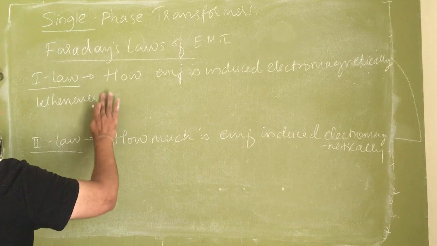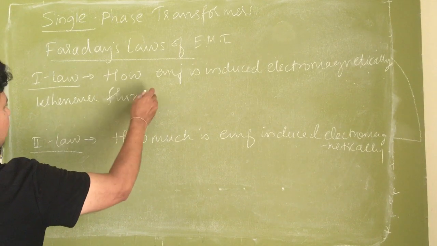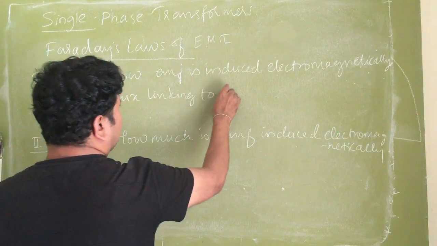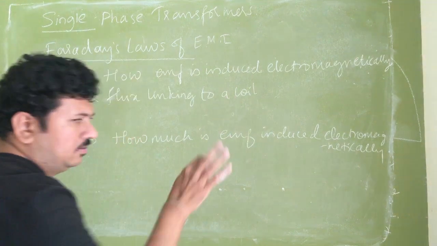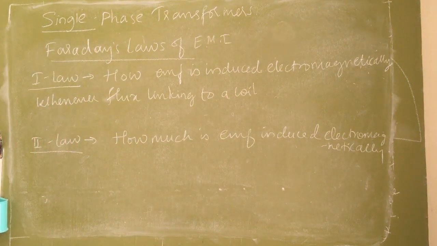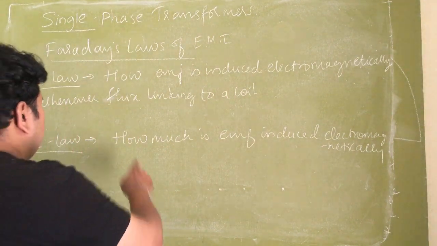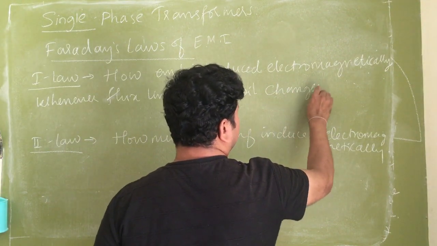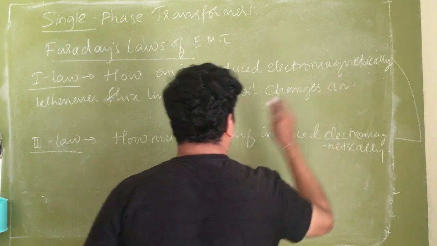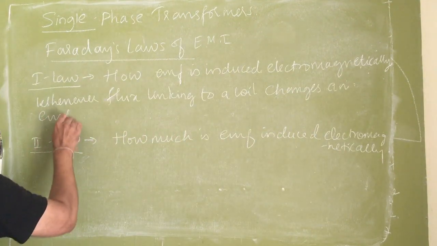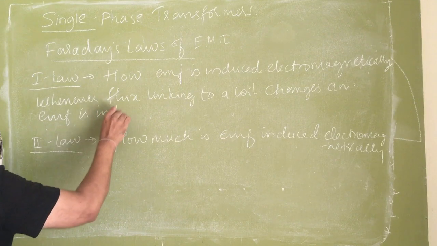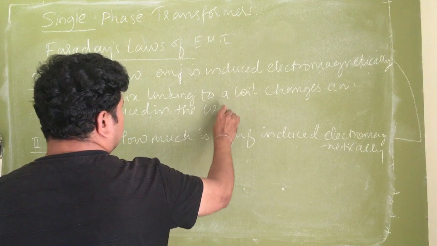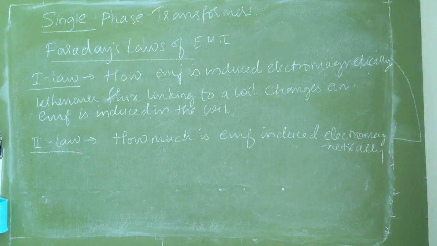Whenever the flux linking to a coil changes, an EMF is induced in the coil. I will not use a conductor, I will use a coil, because hereafter nowhere am I using a conductor, I am using a coil.